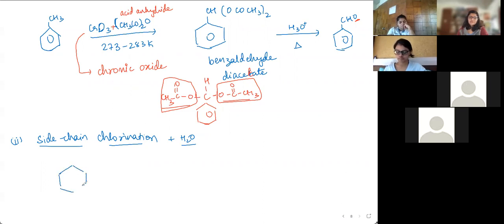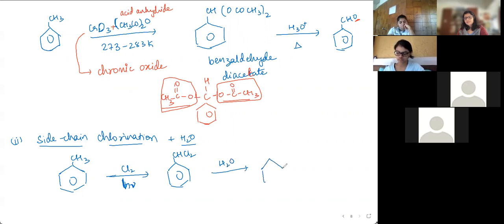So start off with toluene, then chlorinate it. You can use this confidently because in benzene this particular free radical substitution will not happen because of resonance and all that. So you can be confident that this chlorine will be substituted on the CH3 only. Let it get substituted to CHCl2. Then on hydrolysis, you get benzaldehyde.